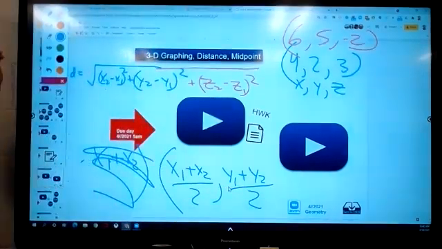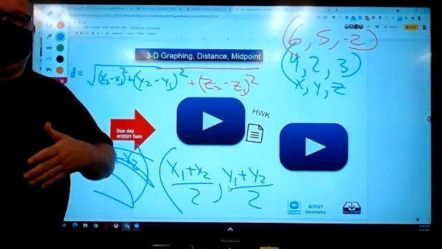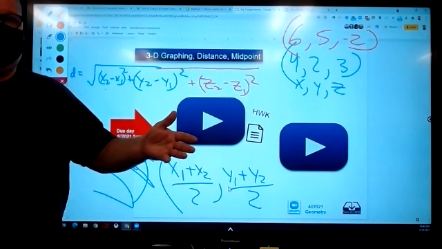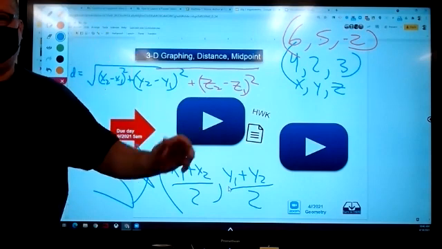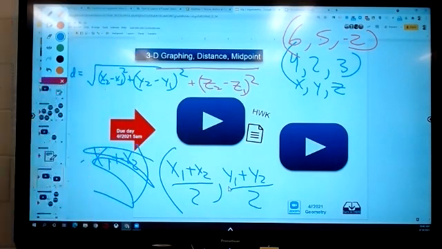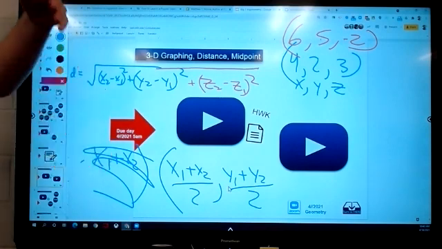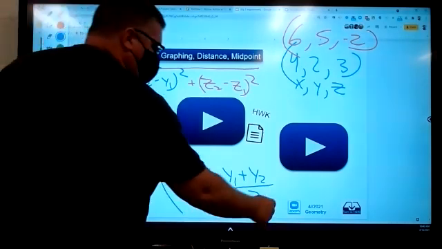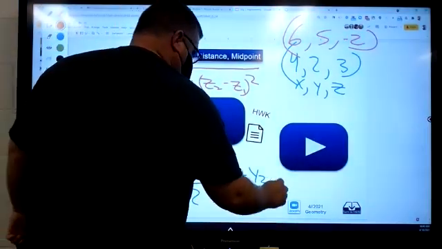Why is this? You simply add the two together and divide by 2, because you're just finding an average, correct? If you have a 5 out of 10 on this quiz and a 9 out of 10 on this other quiz, what's your average? 5 plus 9 divided by 2. Does everybody agree? So what would be the three-dimensional version of this? You tack on the z.